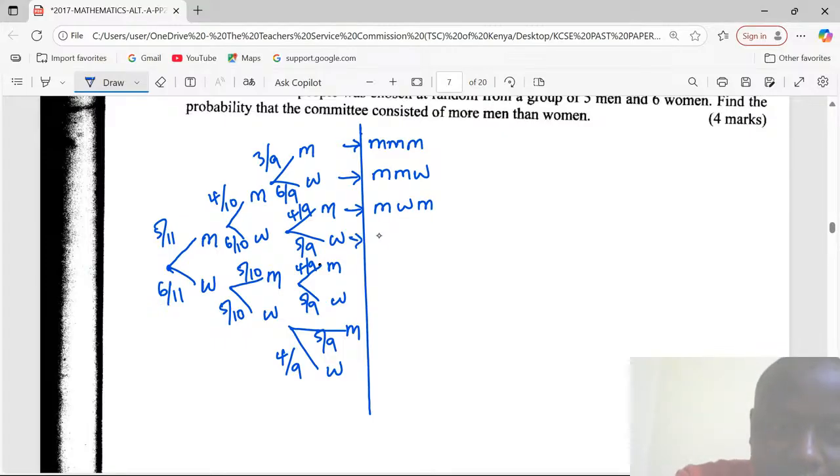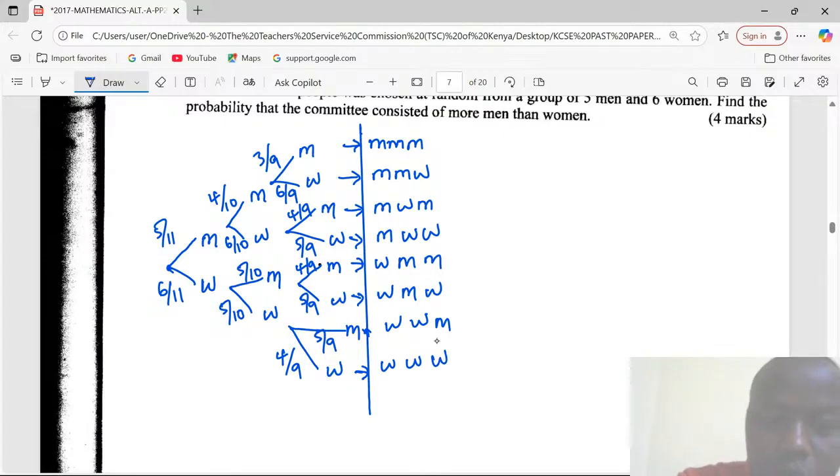Man, woman, woman. Then woman, man, man. Woman, man, woman. Woman, woman, man. And finally, we have woman, woman, woman. With that analysis, now we can get back to the instruction.